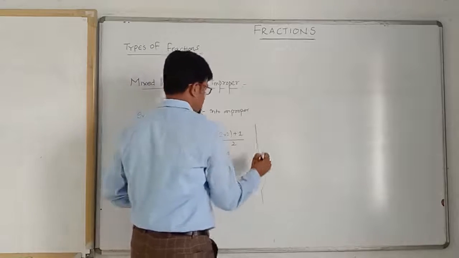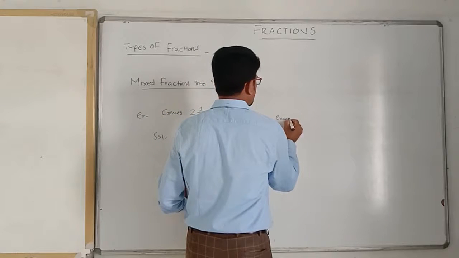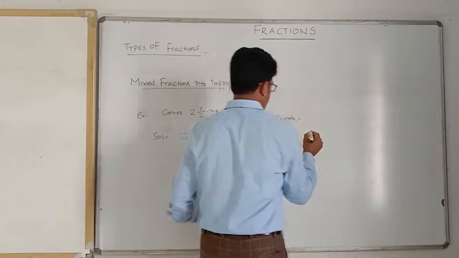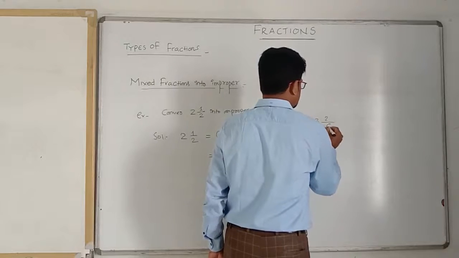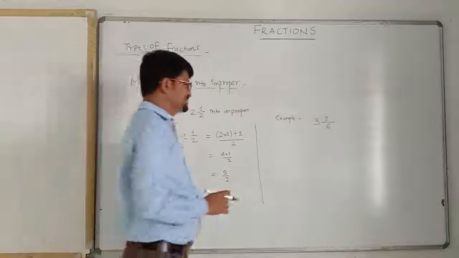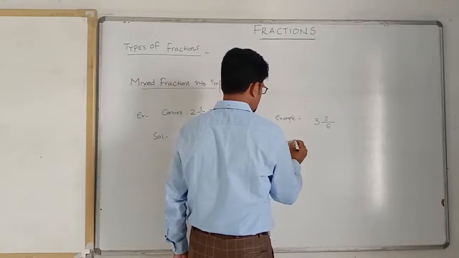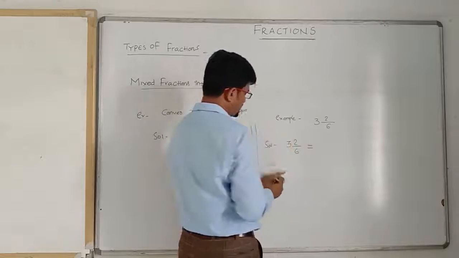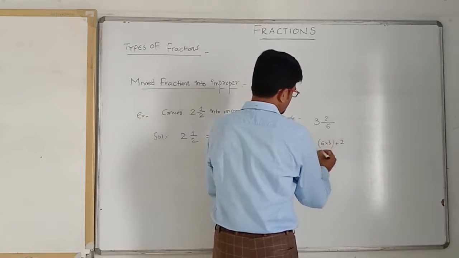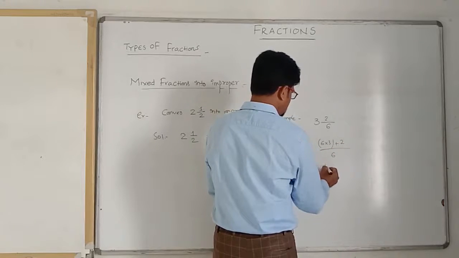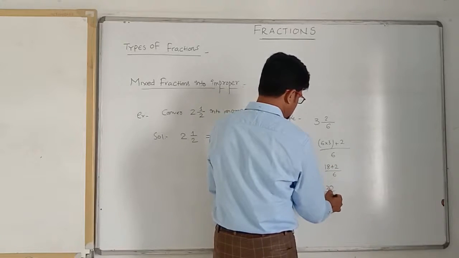Another example: 3 and 2 by 6. Solution: that implies 6 threes, 18, plus 2 by 6, which implies 20 by 6.